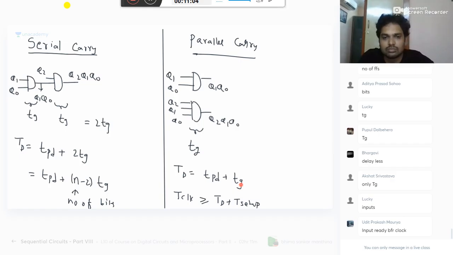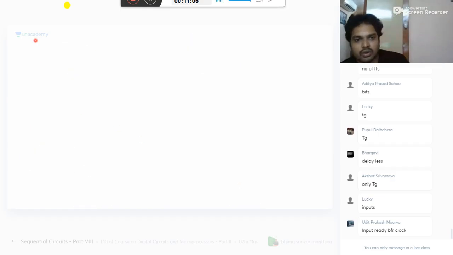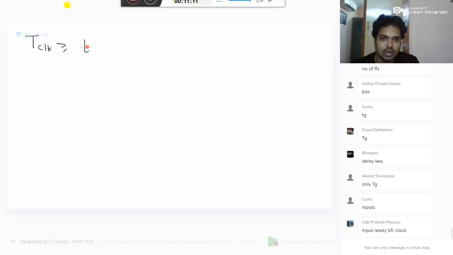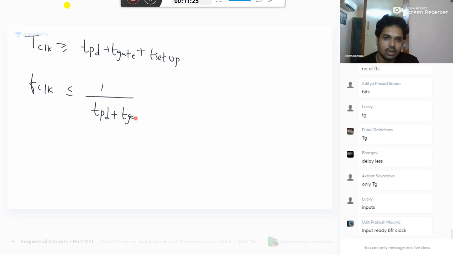So the time period of the clock should be greater than TD. TD is what? TPD plus T gate plus T setup. So the frequency of the clock should be less than or equal to 1 by TPD plus T gate plus T setup.